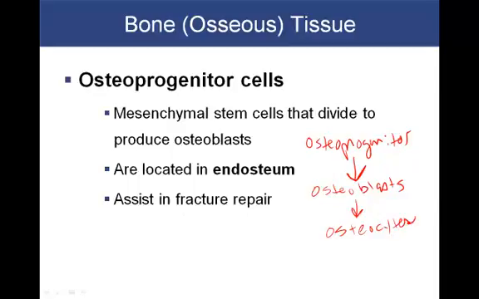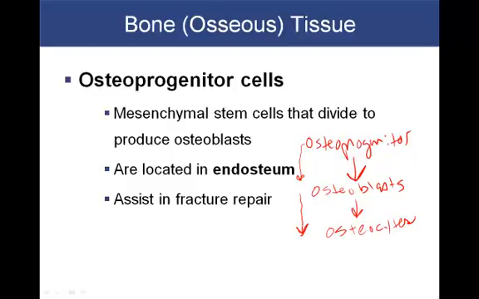The osteoprogenitor cells are located mainly in the endosteum, and they play a very important function in fracture repair. So if a fracture were to occur, the osteoprogenitor cell will migrate to the site of the fracture. It will differentiate into an osteoblast, and the osteoblast will start producing matrix, or the osteoid, which is solely the organic component.